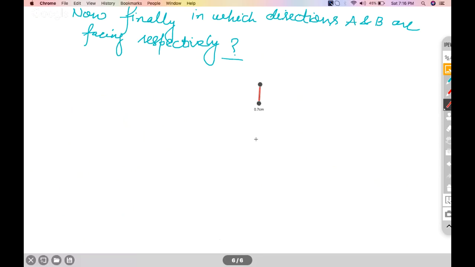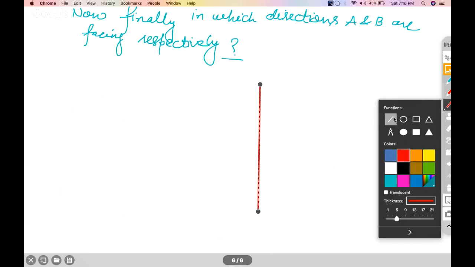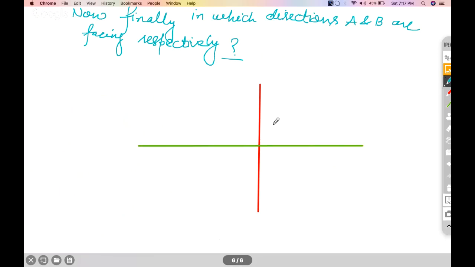If I draw this north-south direction like this, what is happening? A is facing east like this, and B is facing west like this.